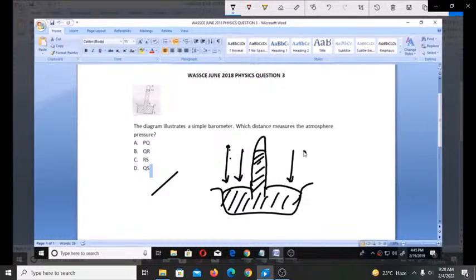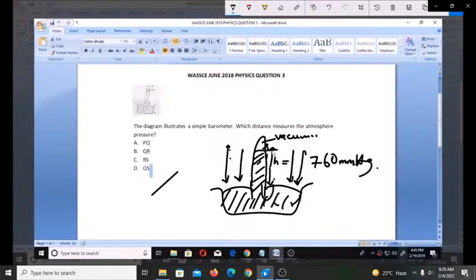So when it pushes this mercury, it's going to move into this. So here is vacuum, whereas this very height here is the height that is taken, and this height is actually equal to, for normal at sea level, 760 millimeter mercury. Millimeter mercury because we measure millimeters of this mercury that is inside. So the height from here to here is actually the height of the atmosphere, which is this atmospheric pressure.